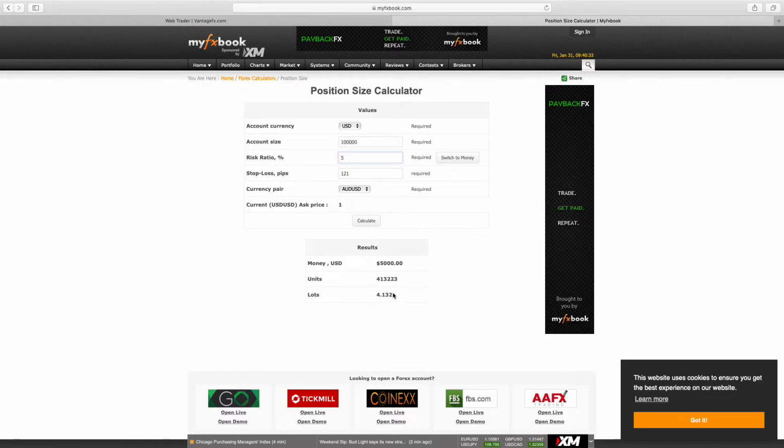This represents, as I said, the lot for the elements computed in here. So it's 5%. This represents 5% of this amount at this number of pips at risk. So if you compute it twice, you'll be risking 10%, and you don't want this. So you actually want to divide this by 2.